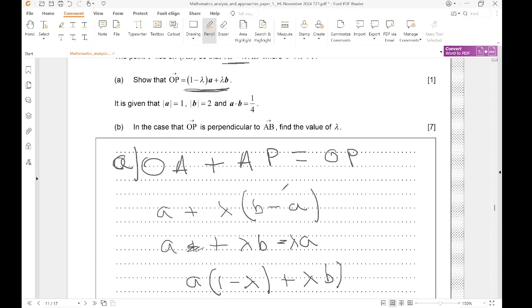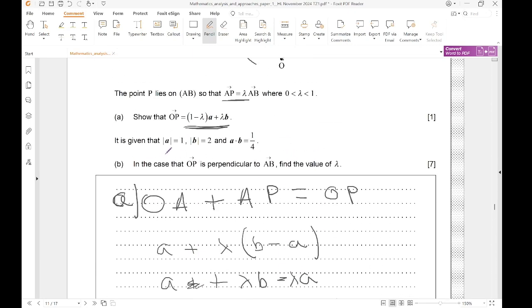They've provided some information here. It is given that the modulus of a is equal to 1 and modulus of b is equal to 2, and a dot b is equal to 1/4.